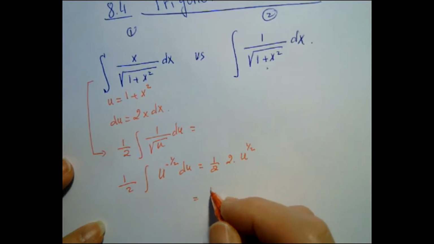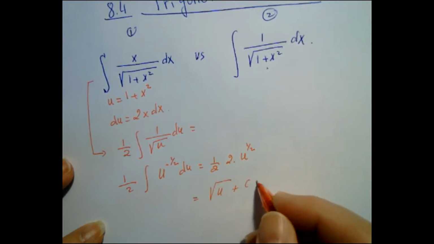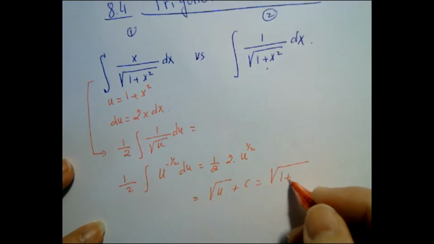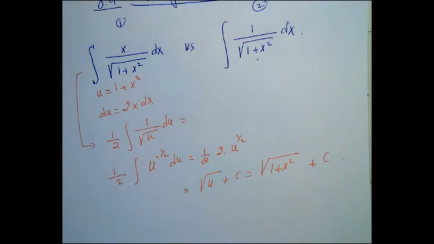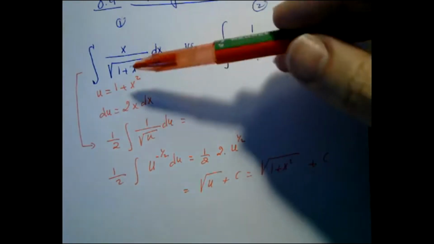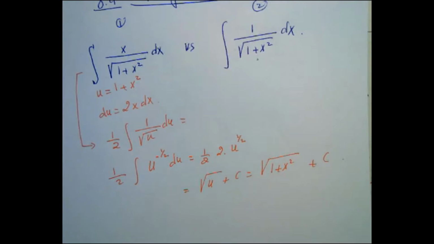So which will give me the square root of u plus c, which will give me the square root of 1 plus x squared plus c. Okay, so this one is actually easy because I can put u to be 1 plus x squared.